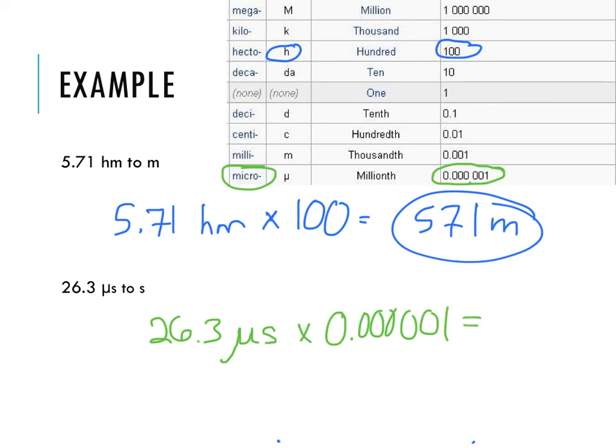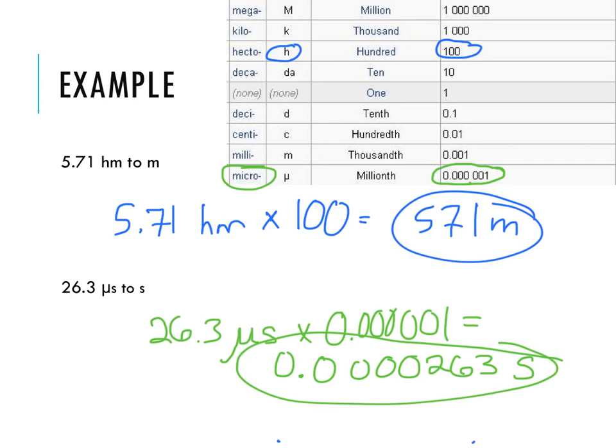And if we were to multiply this out, what we would end up with would be a really tiny number. It's going to be 0.0000263. So we would end up with a very, very tiny number of seconds right here.